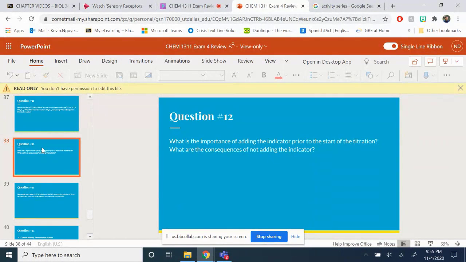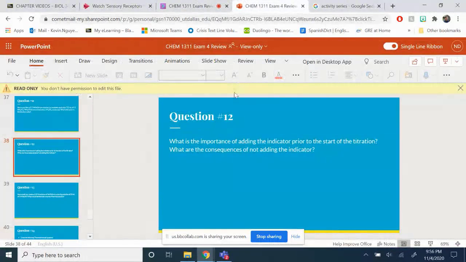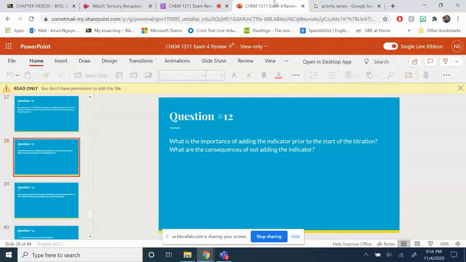The purpose of adding an indicator at the start of your titration. What could happen if you didn't add an indicator? So the idea behind, okay, look, someone said response. Exactly, yeah. So the purpose of adding an indicator is that you will know whenever you reach your equivalence point.